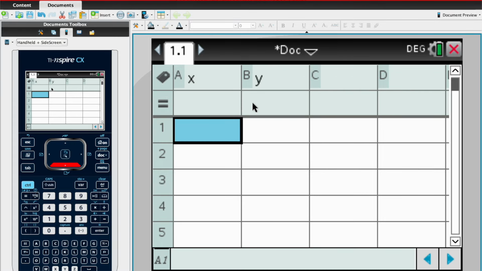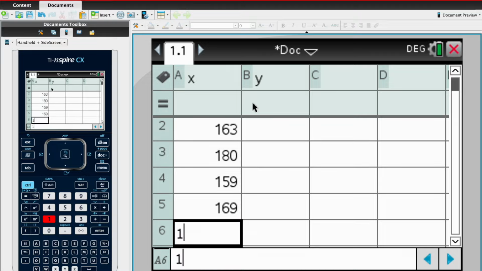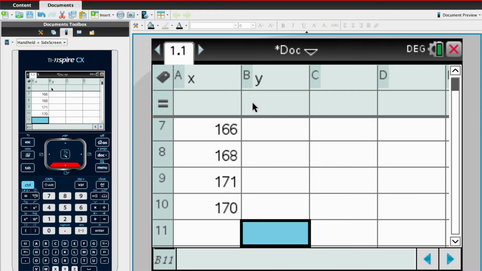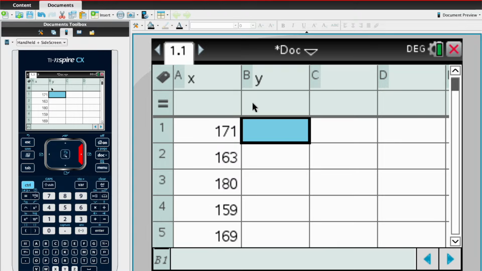Let's put those values in, 171, and so on, 59, 169. I think it's a good idea to check when you write these out, because it would be unfortunate for such a large question if it was a transcription error.